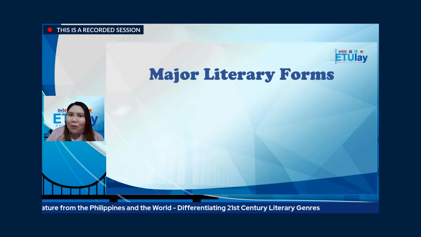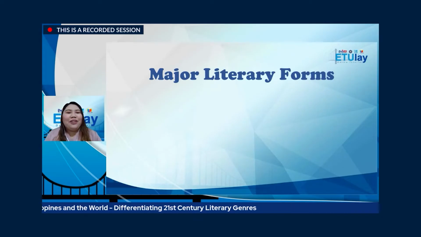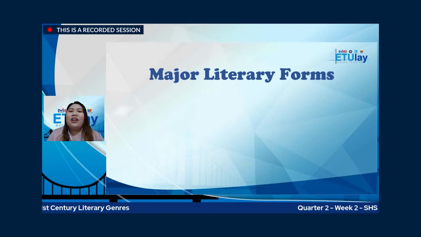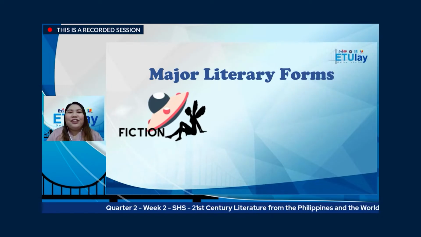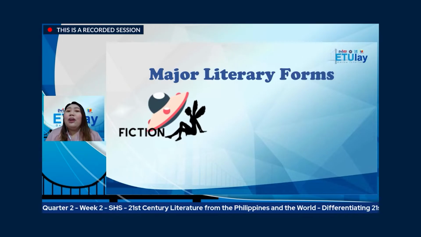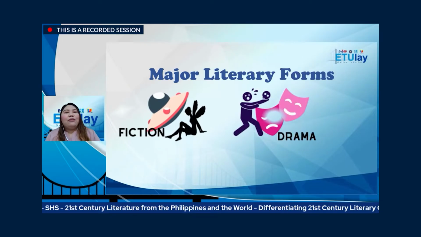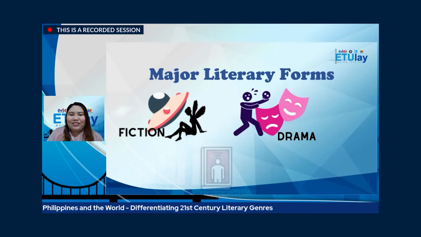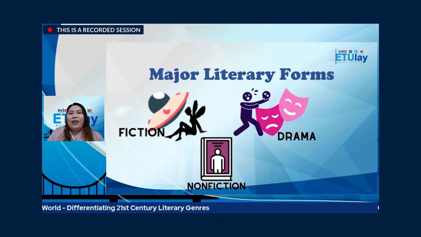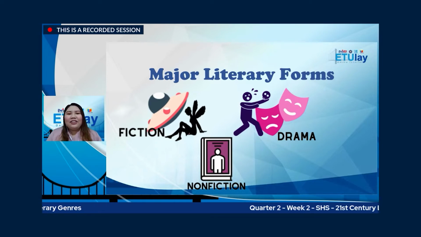The literary family tree does not only stop with the parts: genre, form, and meaning. There are still more in the tree, and we call them the major forms of literature. We have fiction, where we see imaginary characters and stories come to life. We also have drama, where everything that is written is performed on stage. We also have nonfiction, where we read factual experiences or incidents of a writer or a writer's fellow.